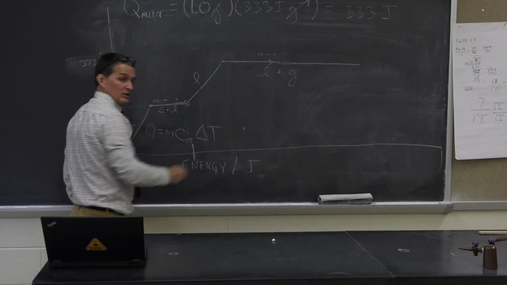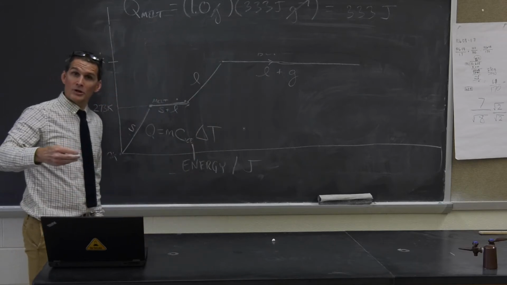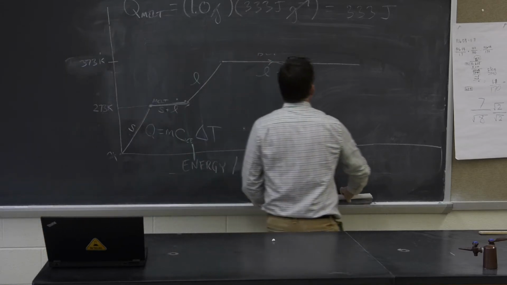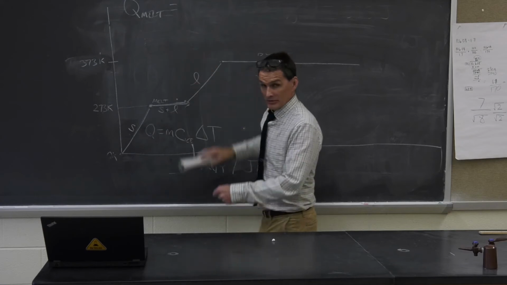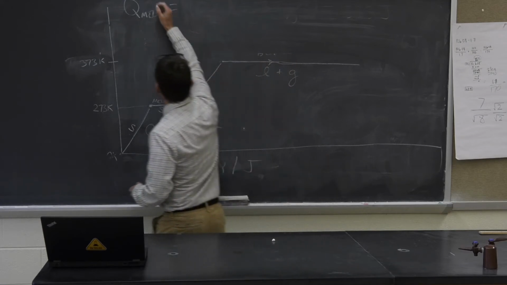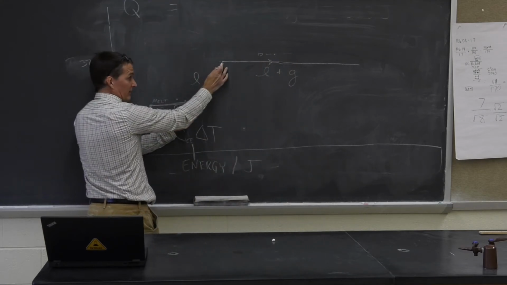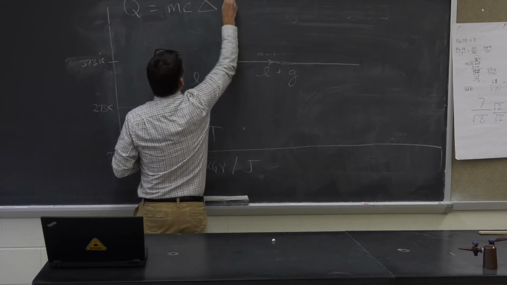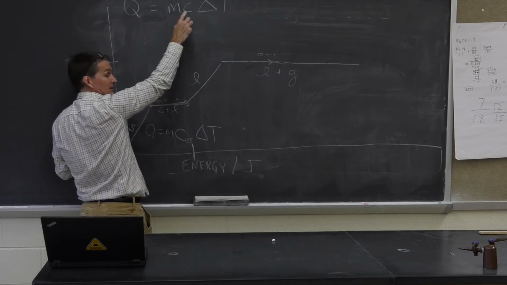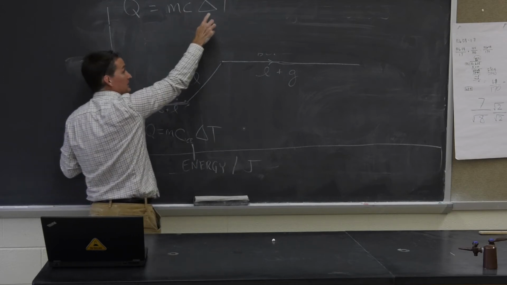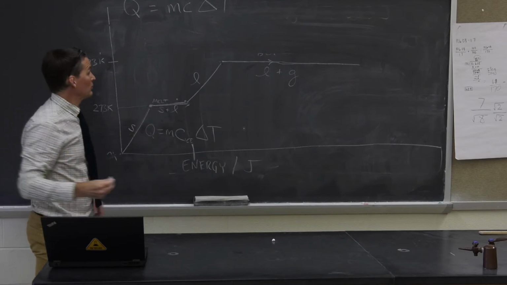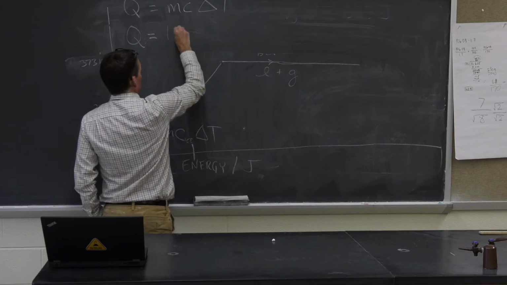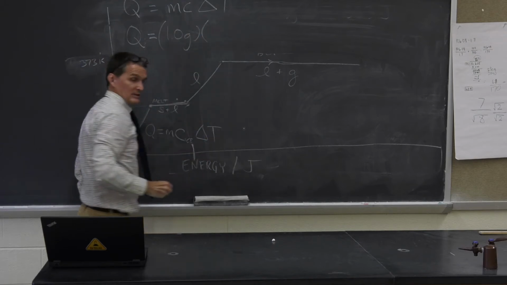Now for this portion of the curve, we have a place where we're warming liquid water, and the water's obviously increasing in temperature. So for this portion of the graph, I'm going to use Q equals mc delta T, where this is the mass of water, this is the specific heat of liquid water, and this is the change in temperature that the water undergoes. So Q is my mass, which again is just 1 gram, times the specific heat of water.